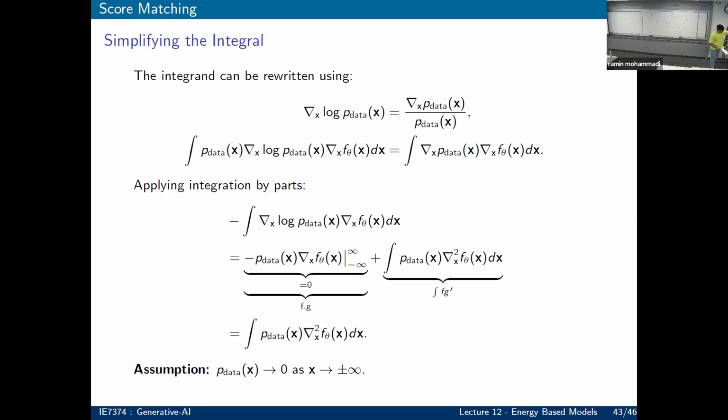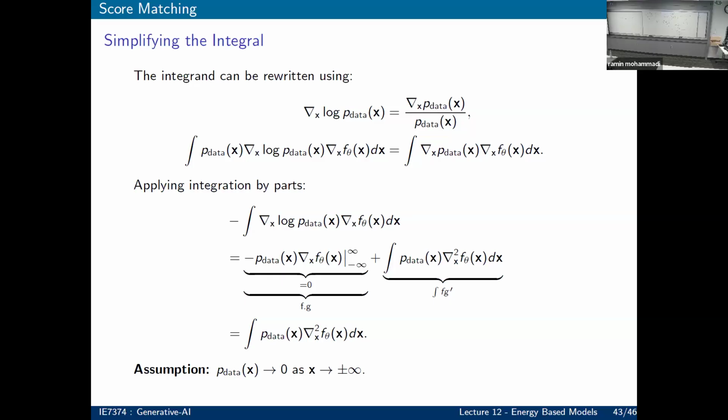That p data x on top, how did that log come back in that term again? No, the log is not coming back. I just said that this was the original term and I rewrote it.